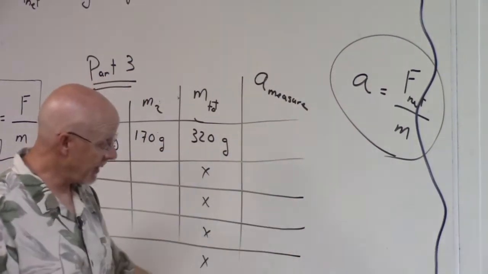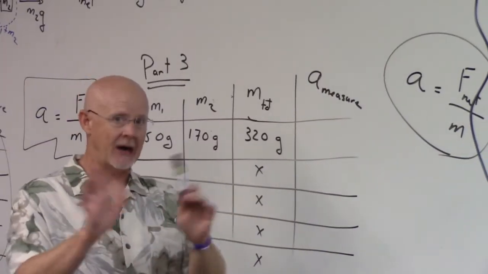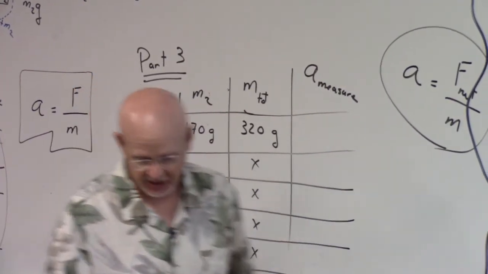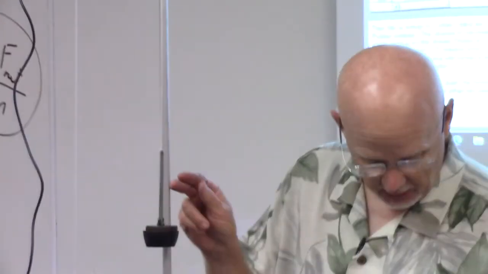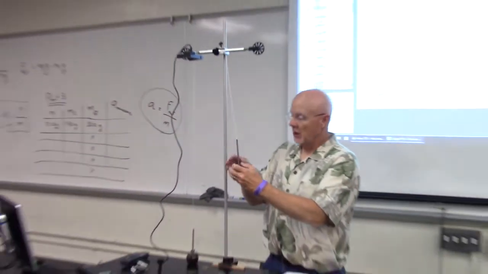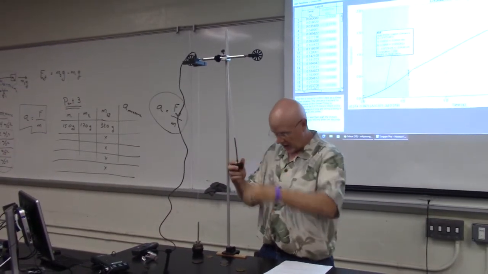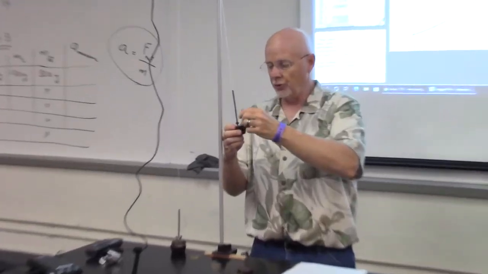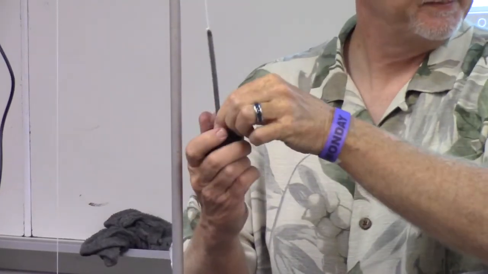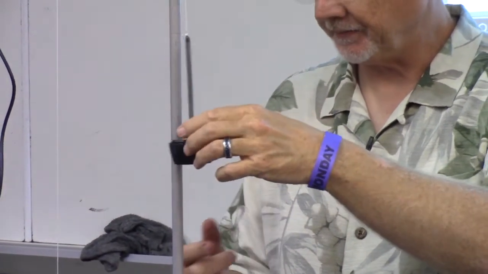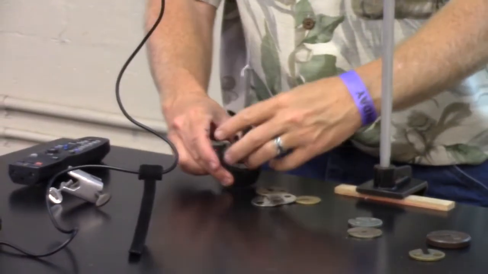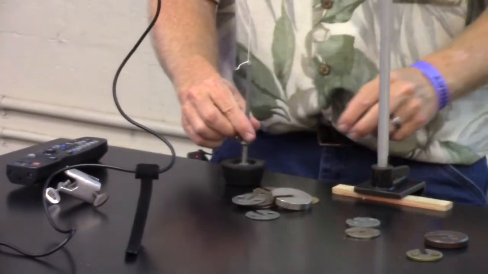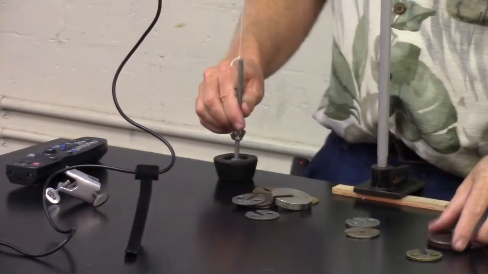All right, so we've got quite a bit of work here to do to get our last 5 accelerations. Okay, so let me bring my mass here close, because I'm going to now change the lighter one to 150, and the heavier one to 170.